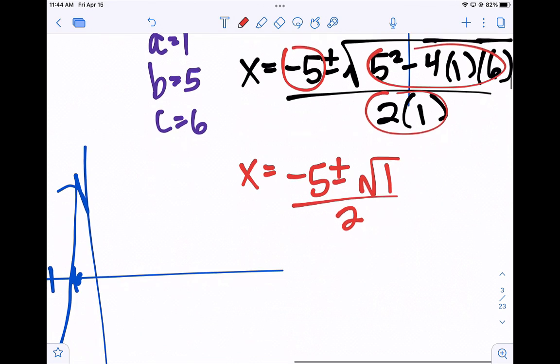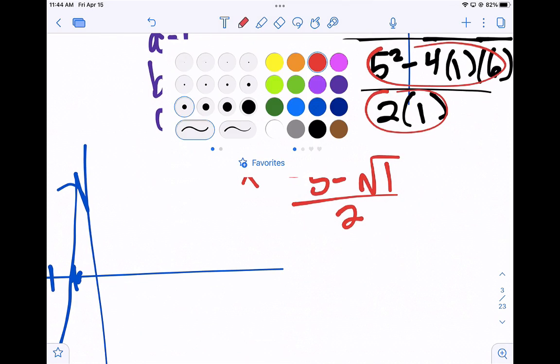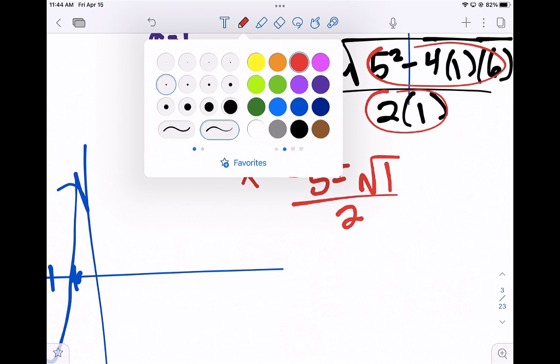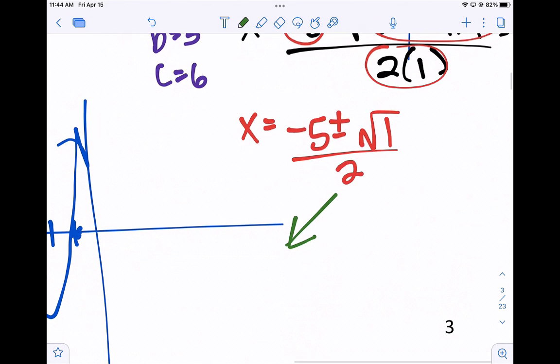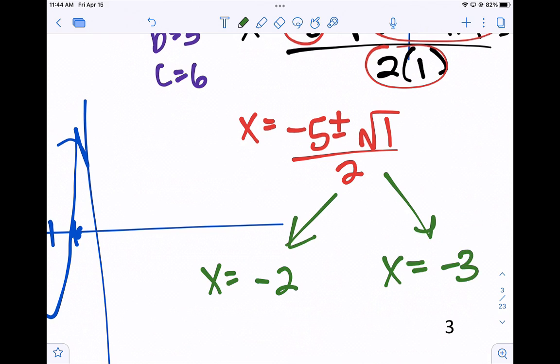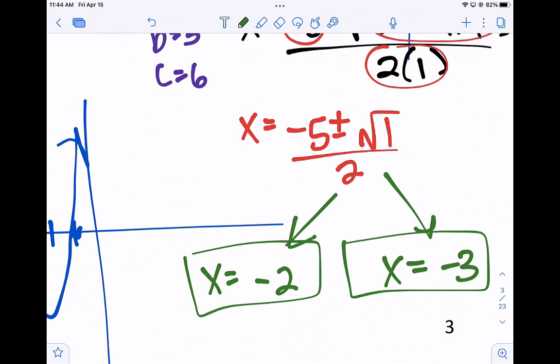All over 2. Break it up into the plus and the minus. Negative 5 plus the square root of 1 is just negative 4. Negative 4 divided by 2 is negative 2. And then negative 5 minus 1, which is the square root of 1, is negative 6. Negative 6 divided by 2 is negative 3. Okay, so this graph crosses at negative 2 and negative 3.